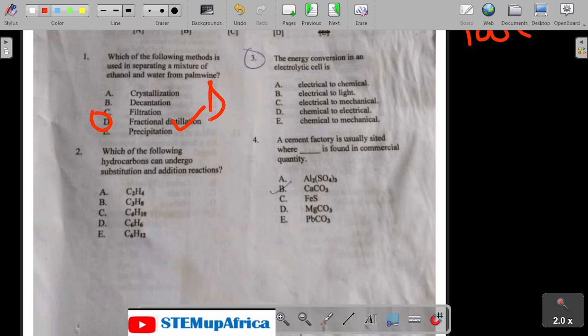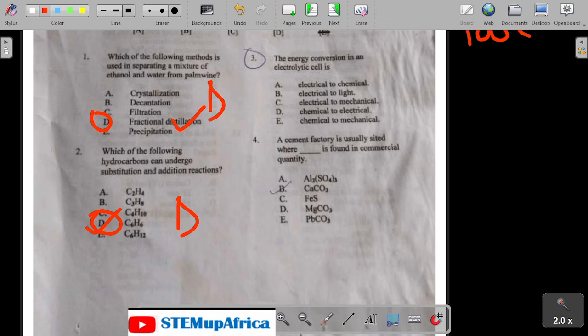None of these three aliphatic can undergo these two types of reactions, the addition and the substitution. What about the aromatic? The aromatic can; an example of aromatic is benzene. The answer is D.